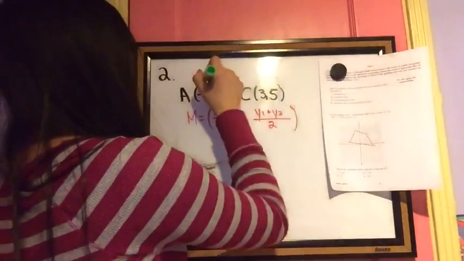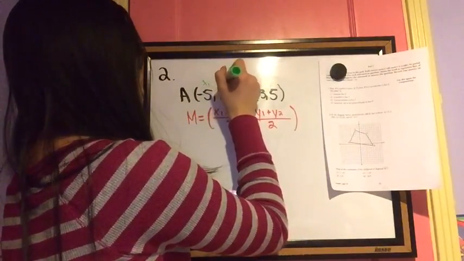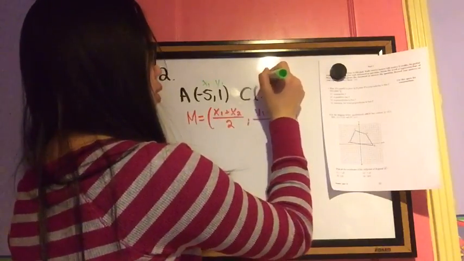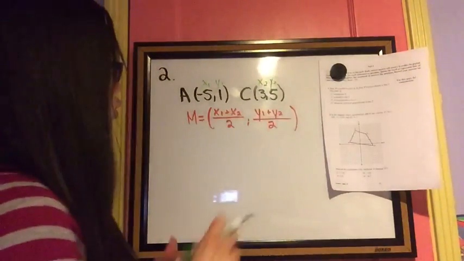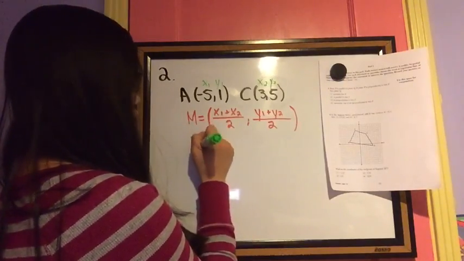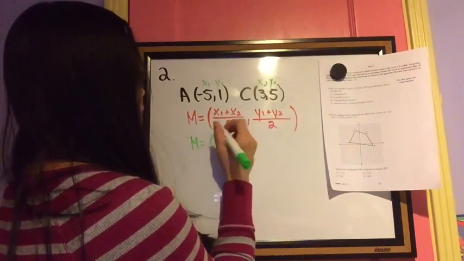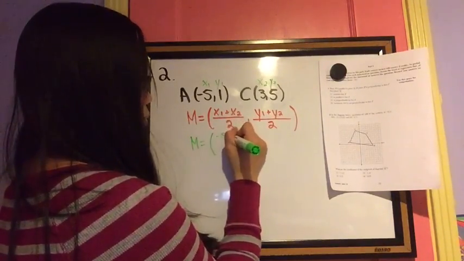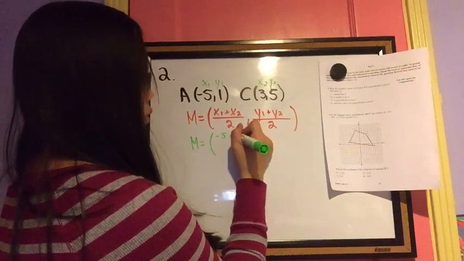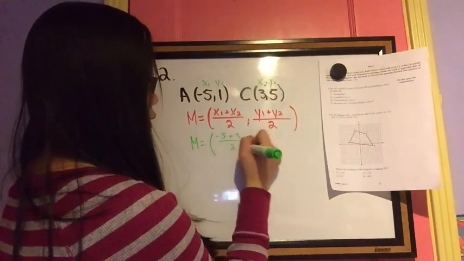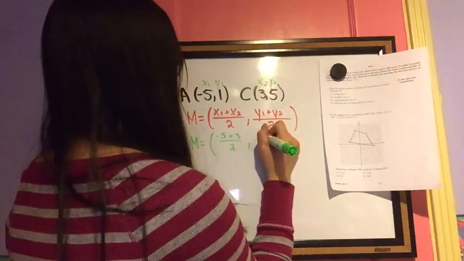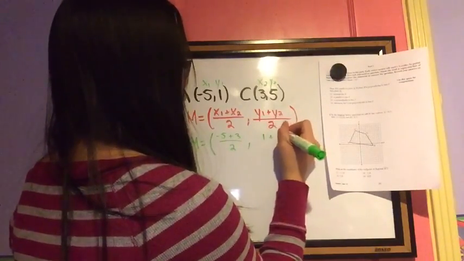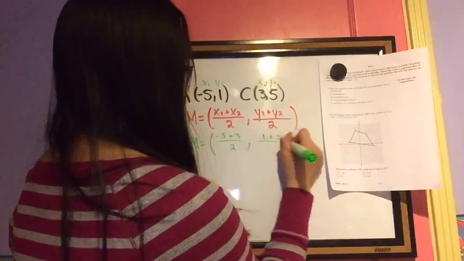So -5 is x1 and 1 is y1, and 3 is x2, while 5 is y2. So, midpoint equals -5 plus 3 over 2, and for the y-coordinate, 1 plus 5 over 2.